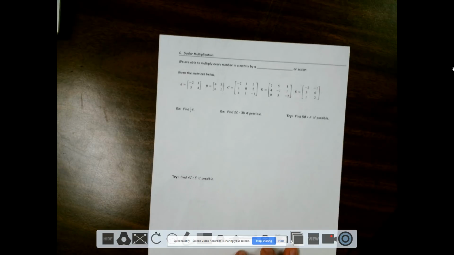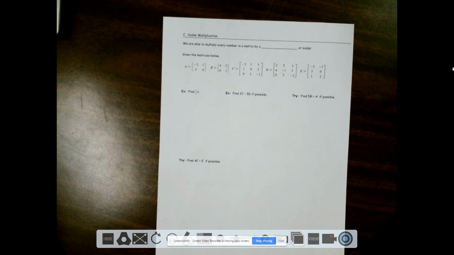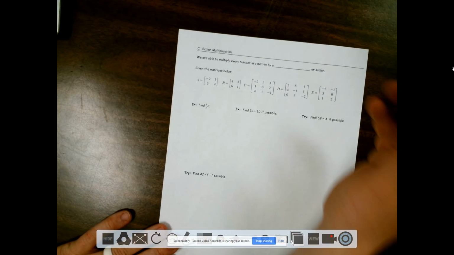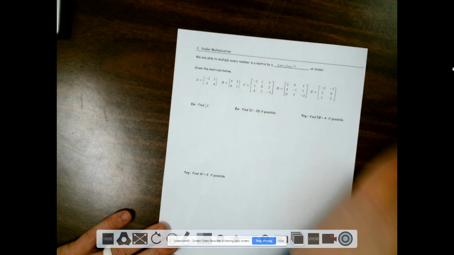So let's go ahead and jump to some scalar multiplication now. We are able to multiply every number in a matrix by a constant, or what we will call a scalar.